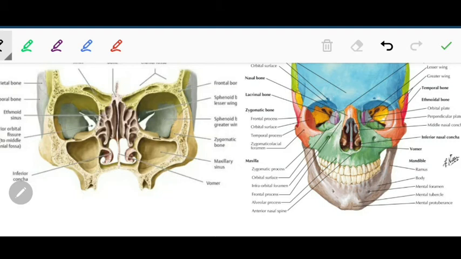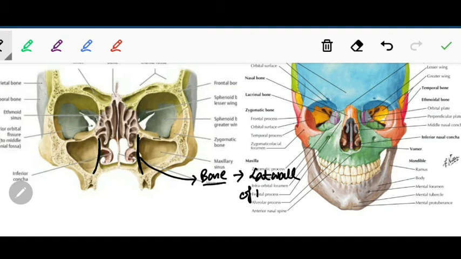Next is the base. The base is formed by the lateral wall of the nose.